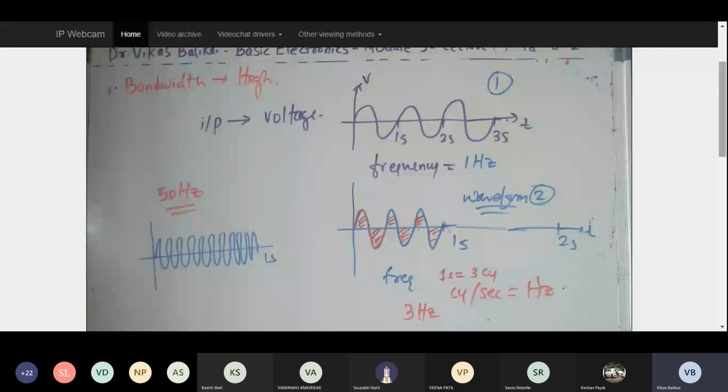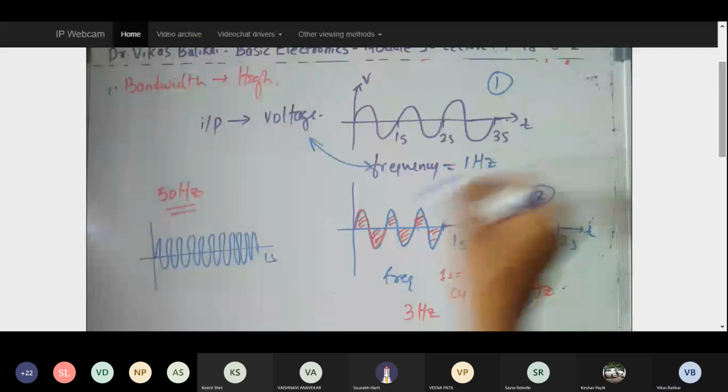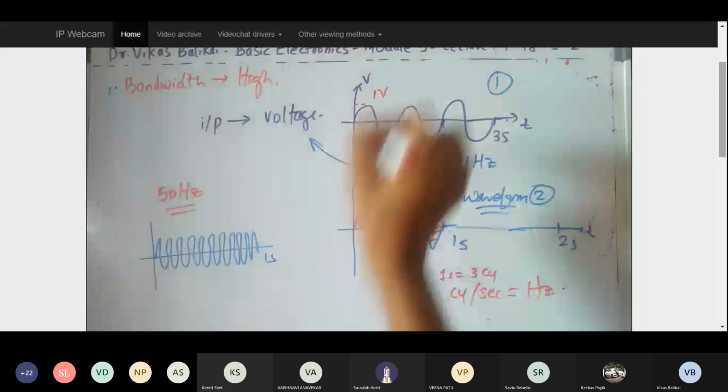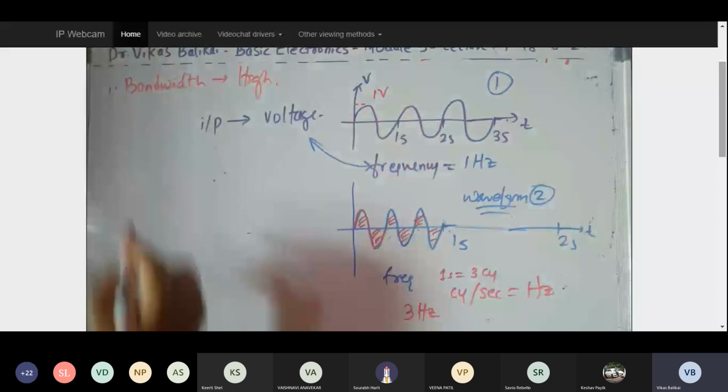So the meaning of high bandwidth here is, let's say, this is the one signal I am using as an input to my voltage amplifier, which is having a frequency of 1 Hertz, and the amplitude of this particular signal number 1 is 1 volt. Let's say that Vin is equal to 1 volt. Let's say that gain is 10.